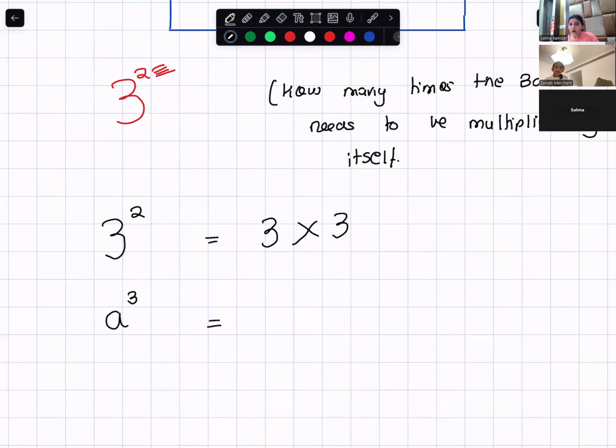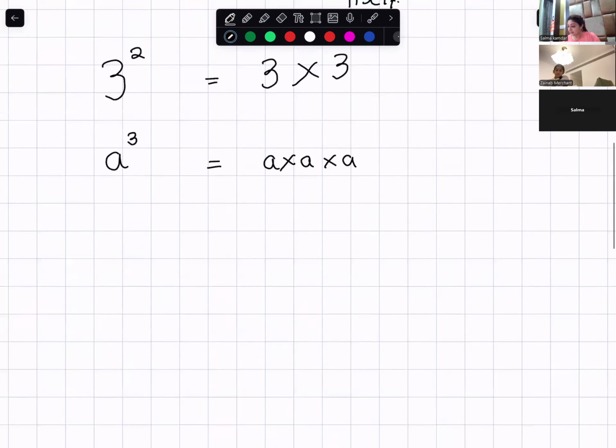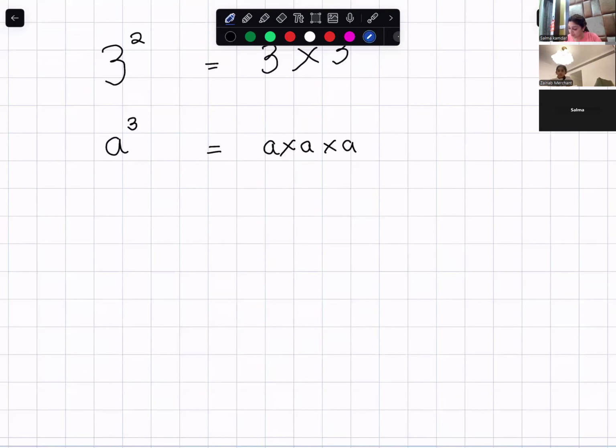How many times the base needs to be multiplied by itself? So A into A into A. Okay, so I'm giving you some examples. Try this.